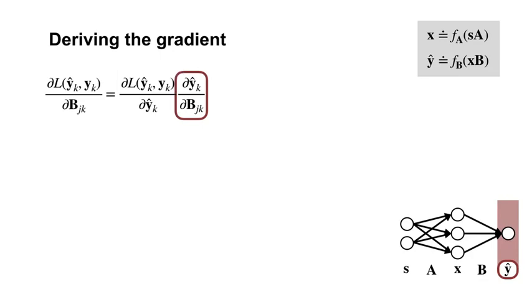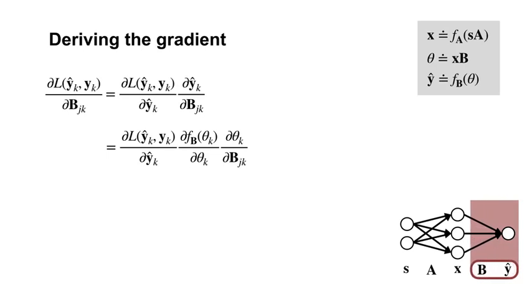The next step is again to use the chain rule for this derivative. To make this easier, let's introduce a new variable, theta. Theta is the output of the hidden layer times the last set of weights. Let's write it down on the side so we remember it. Now let's rewrite Y hat using theta.